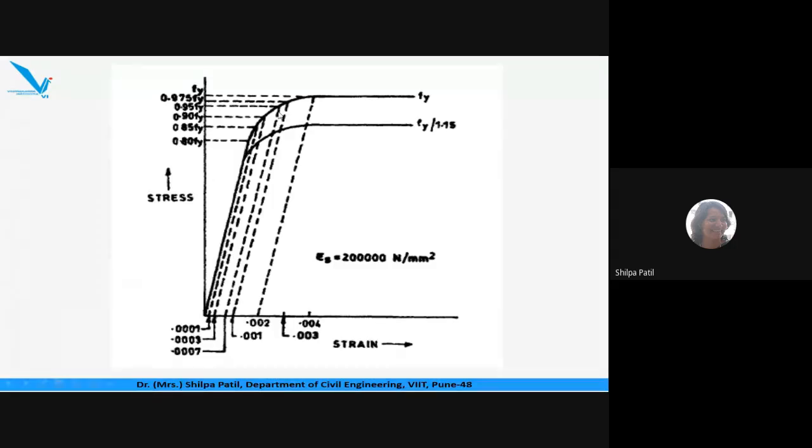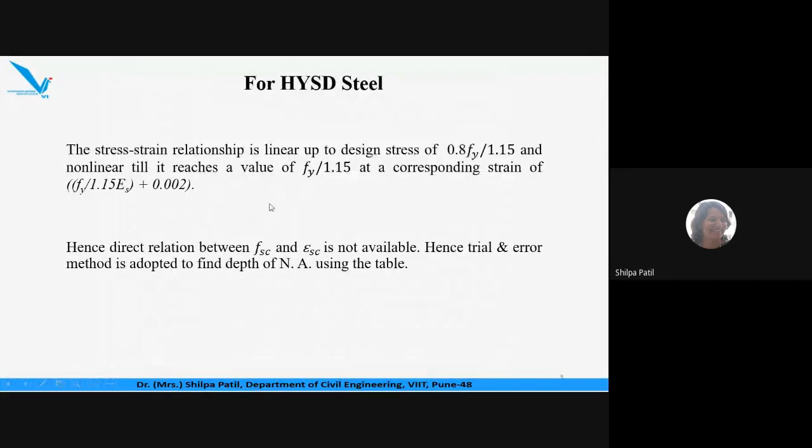So up to this point, that is from 0 up to this stress value, we can apply the concept of Hooke's law for HYSD bar, whereas for this curve portion, we cannot use that particular concept, and we need to find out the strain by making use of this curve itself. Okay, so same thing is written over here.